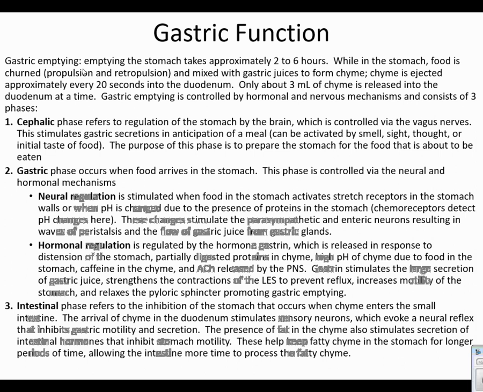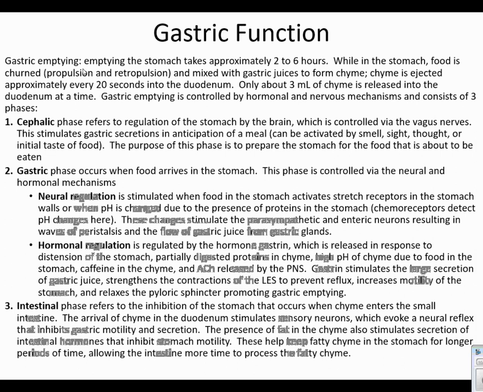So right now you guys are all thinking about food. This is probably starting to occur. The initial taste of food, all can stimulate our stomach to get ready for arrival of food. That way, when the food hits the stomach, we can go right in and start digesting it.